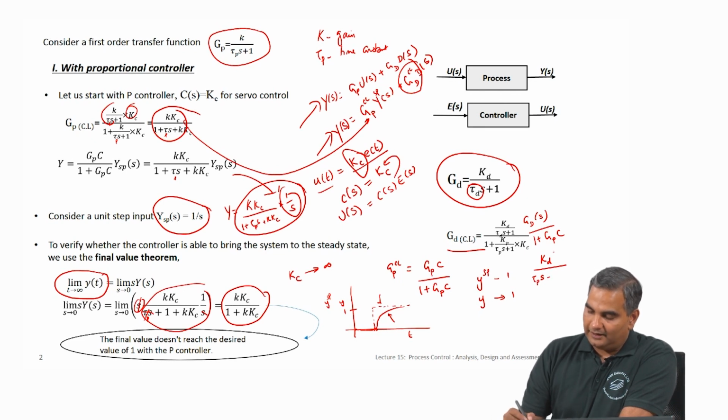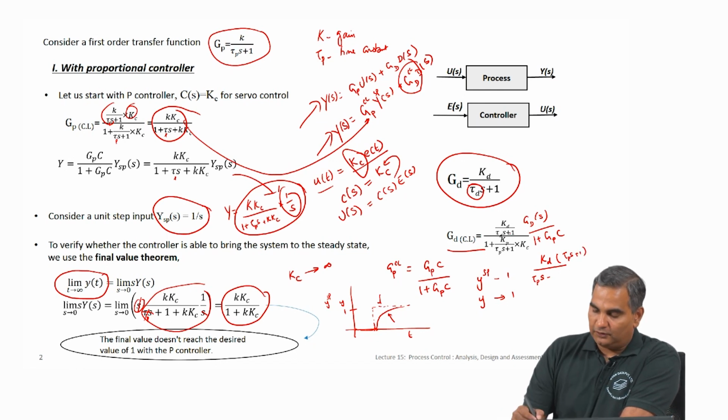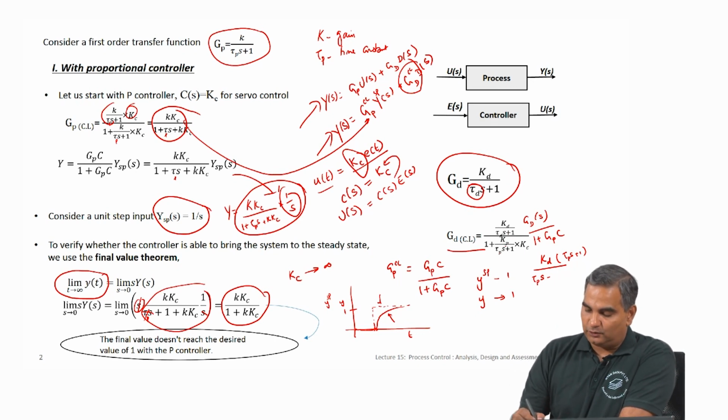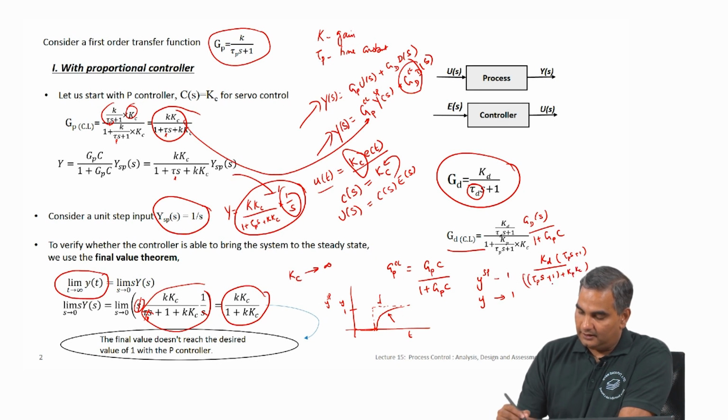Now you will have tau_p s plus 1 in the numerator, because in the other case tau_p s plus 1 and tau_p s plus 1 got cancelled. In this case, because tau_p and tau_d can be different, you will have this in the numerator, and the denominator will be tau_p s plus 1 plus K_p K_c, times tau_d s plus 1.